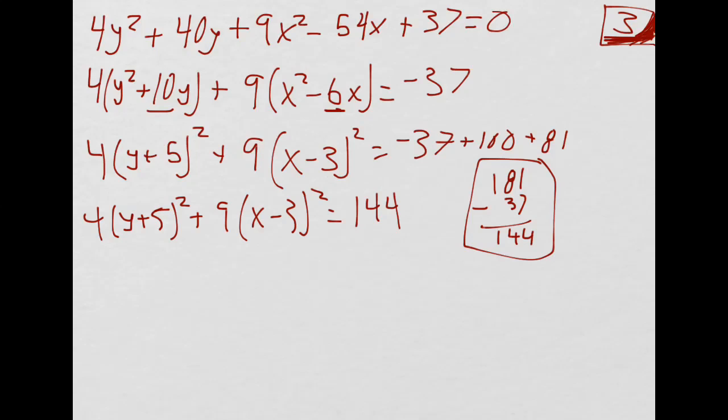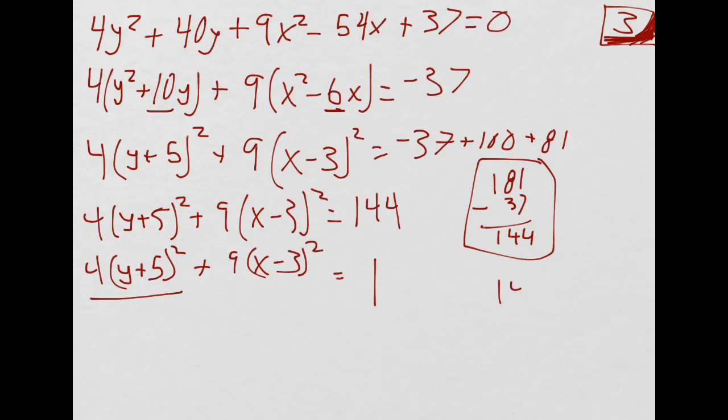Okay, well, next up, we want to make this look like the equation of an ellipse that we're used to, so we need to divide by 144 all over the place so that we get this equation equal to 1 like we normally do. So let's rewrite this again. And check this out. This is all still mental, so look at what I'm going to do.